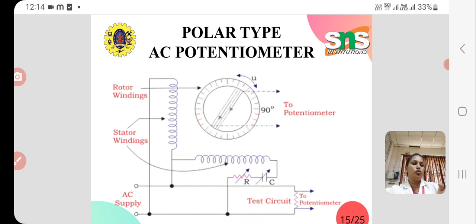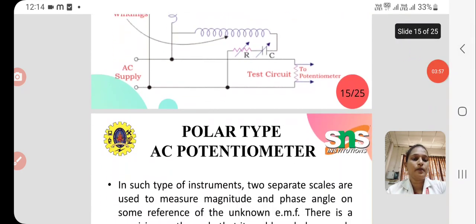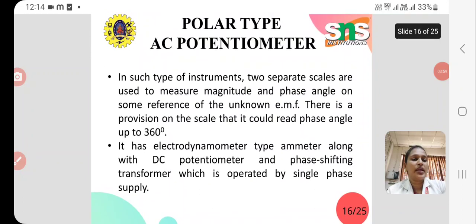How much it moves can be measured from the dial attached to the rotor winding, and the magnitude of the unknown voltage can be measured from the potentiometer. So here I have given the explanation for the circuit.